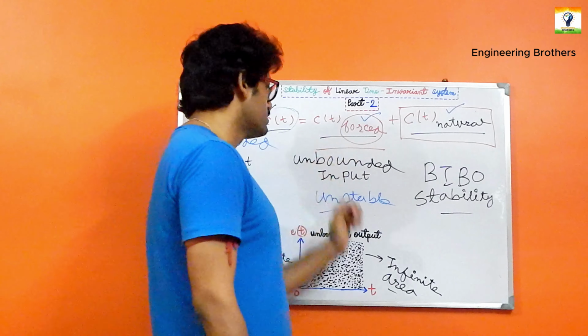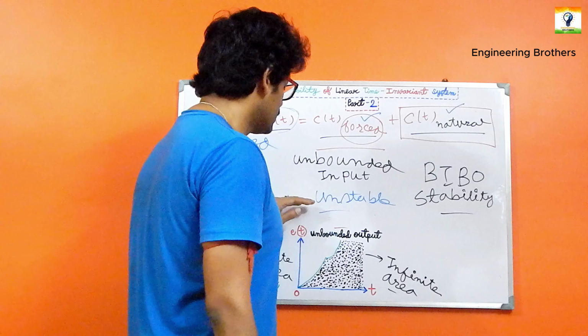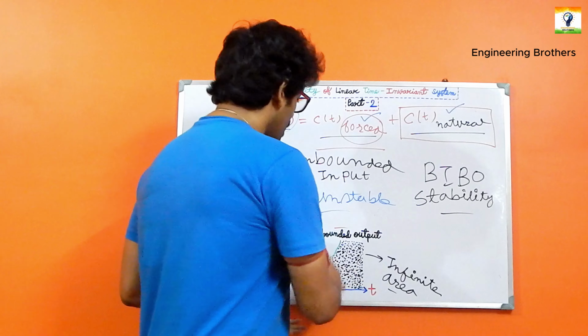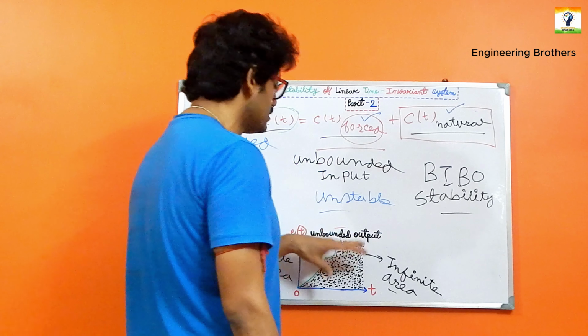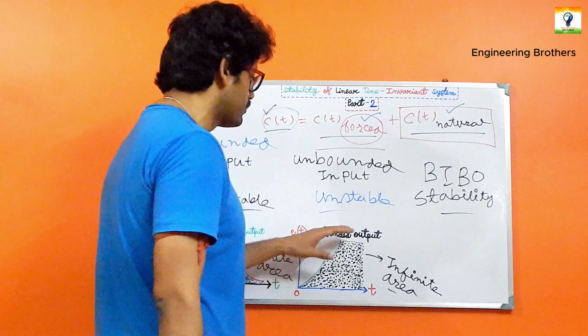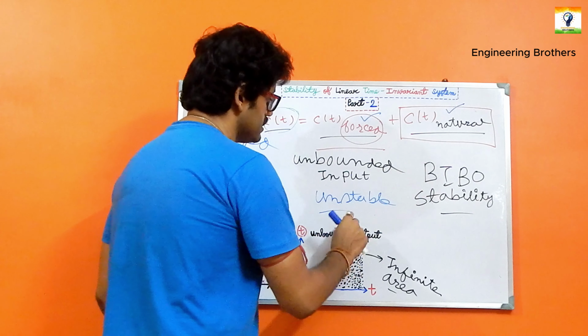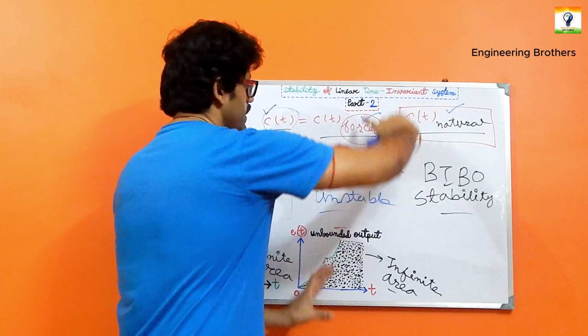In the next case, if you apply the unbounded input, and we have our output as shown, we cannot define the area under this curve because the area tends to infinity, it is expanding in this way.